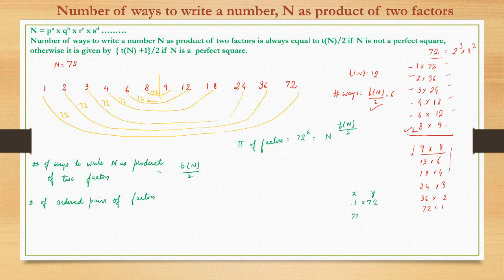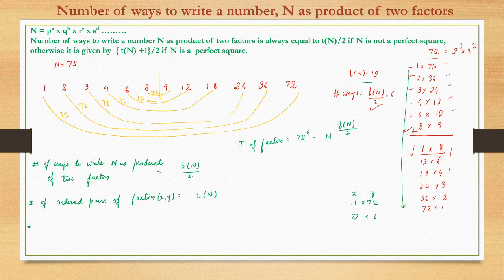But we can also say x can take 72 and y can take 1. So is it not a 2? If we are asked to find ordered pairs x, y, then there would be how many ways? That is nothing but tn, 2 times 6, if you count this, this is 12 ways. That is the same as the total number of factors tn.